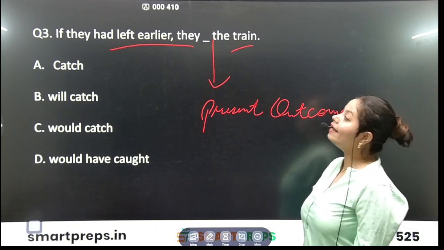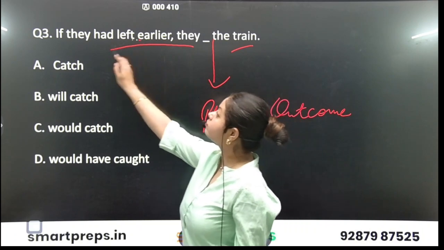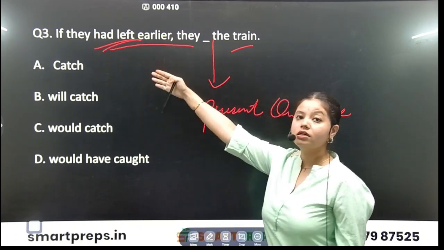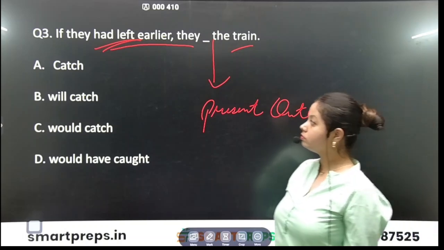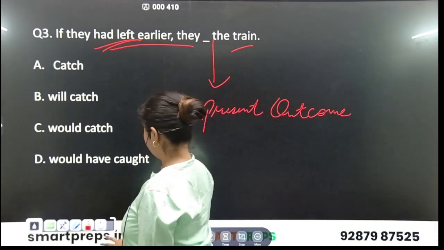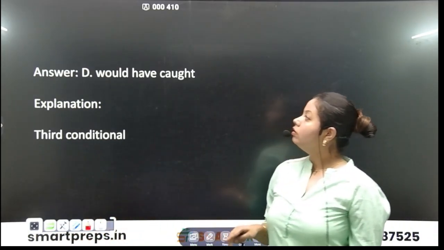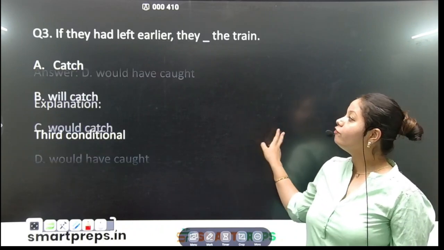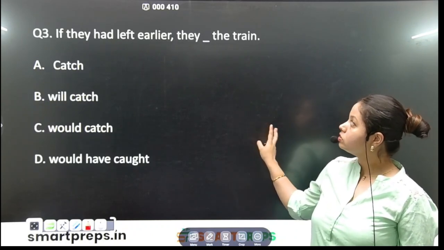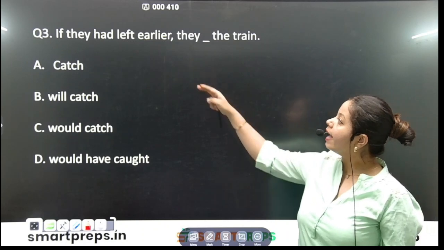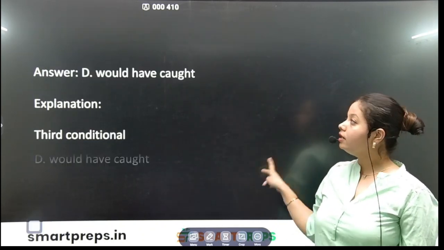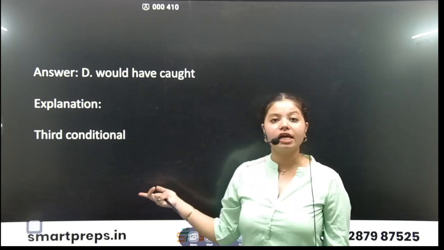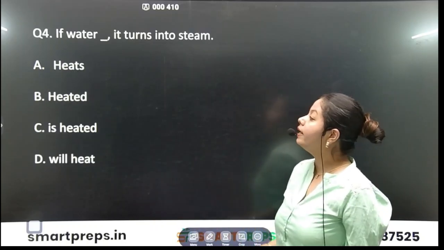If they had left earlier, had left, that is what? Simple past. They dashed the train. If they would have caught. Yes, if they had left earlier, they would have caught the train. Yes, third conditional. Okay, next question.